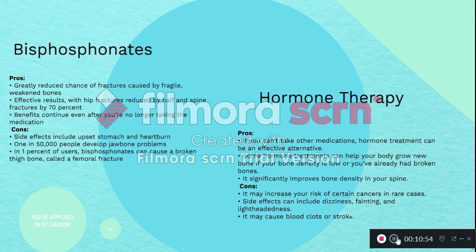It significantly improves bone density in your spine. And the cons are it may increase your risk of certain cancers, and the side effects can include dizziness, fainting, and lightheadedness. It may cause blood clots or stroke.